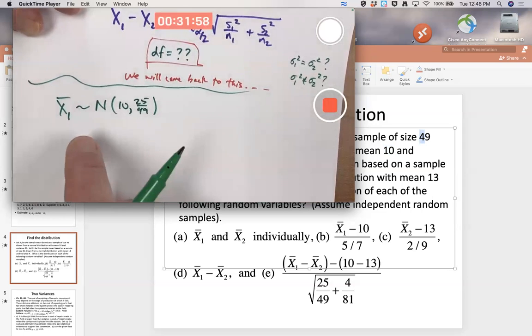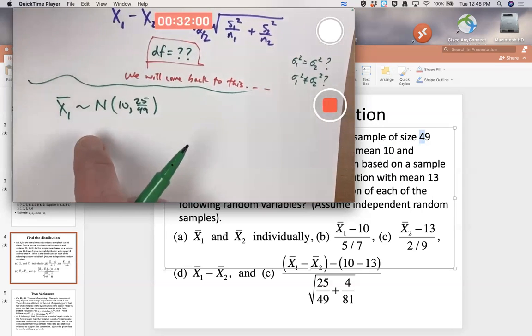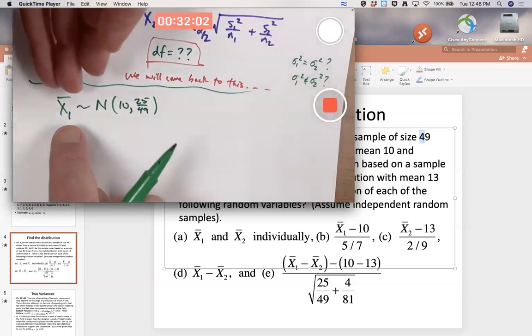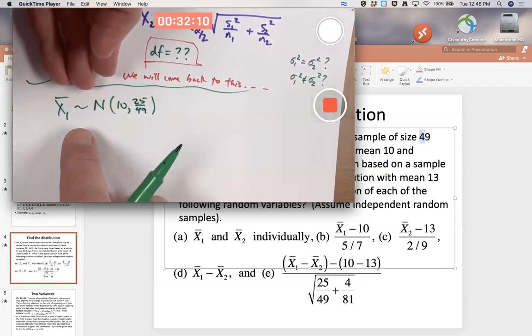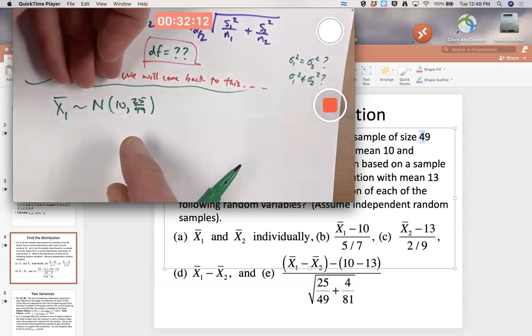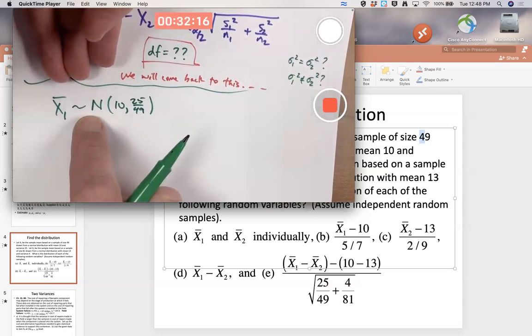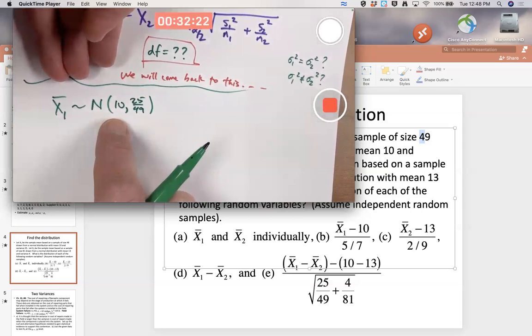And based on the cornerstone theorem, since we're sampling from an exactly normal distribution, you can say X1 bar is exactly normal. If we were not sampling from a normal distribution, you could still say X1 bar is approximately normal by the central limit theorem. But this squiggle symbol doesn't technically mean approximately; in this context, it means is or has this distribution.